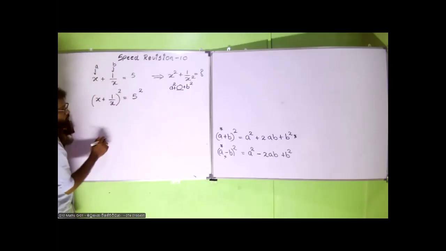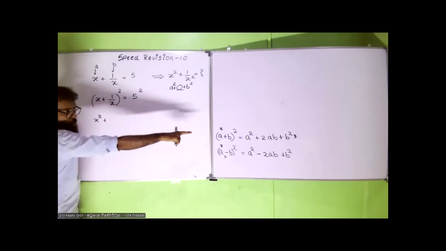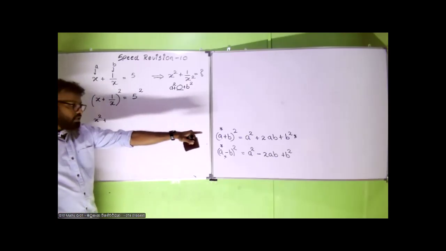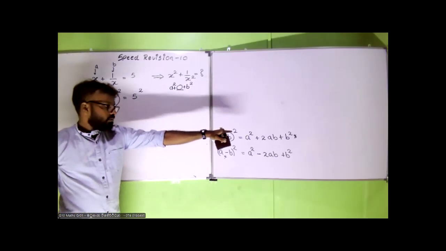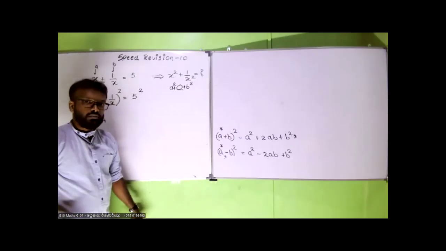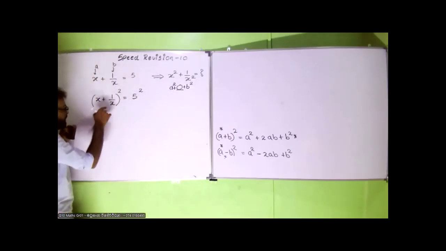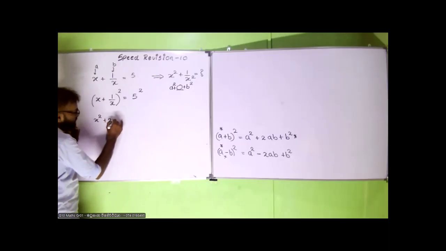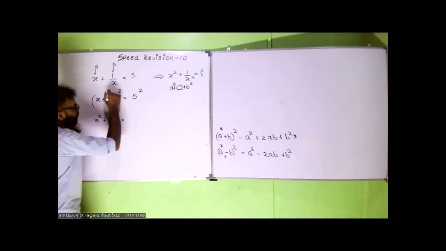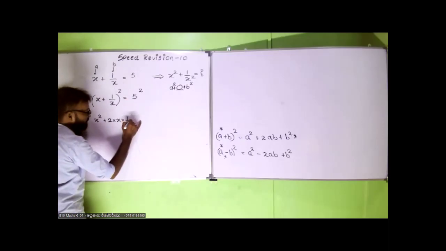A to the power 2, x to the power 2, plus 2 times the first term multiplied by the second term, A into B, 2 times x into this one, 1 upon x.